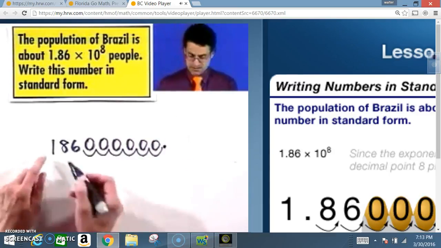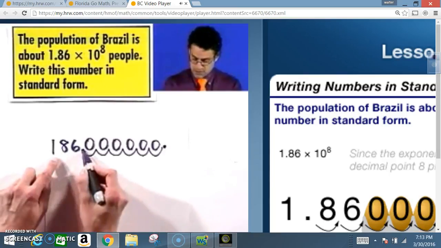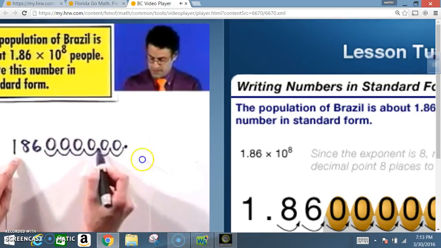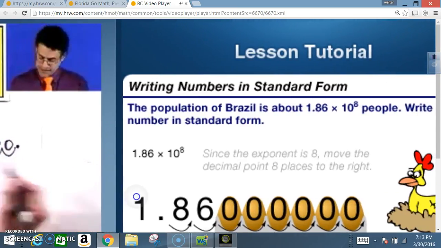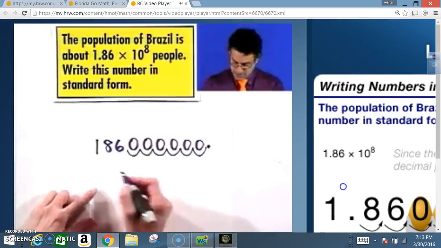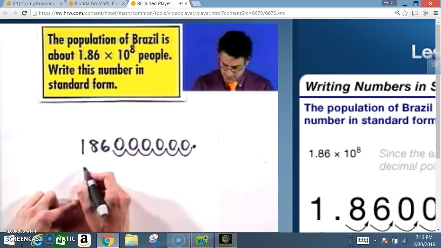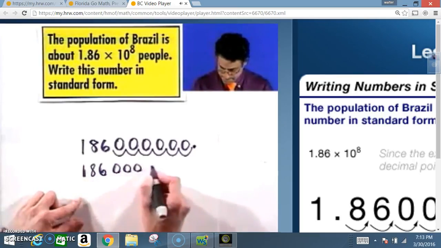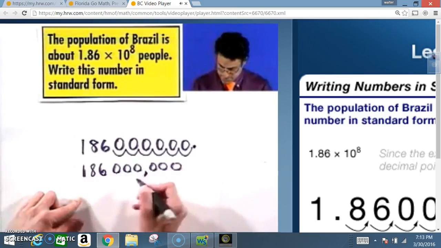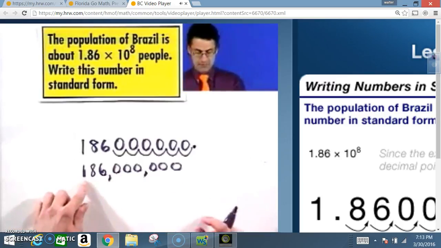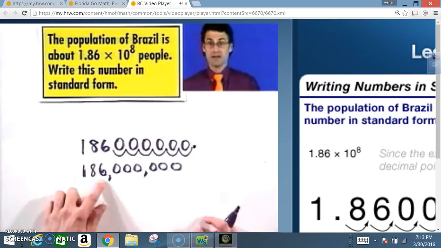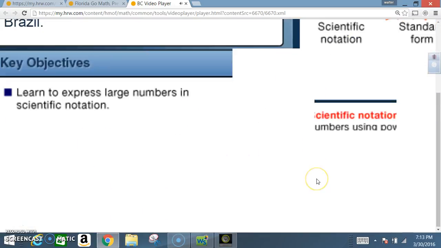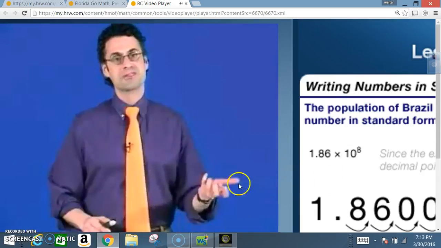Notice I started here, and if you count 1, 2, 3, 4, 5, 6, 7, 8, you get it. Now, you have to get rid of the egg carton, because it's not really eggs, it's actually numbers. Once you write this out nicely, you see that we have 186 million. And that's approximately the population of Brazil. Cool.